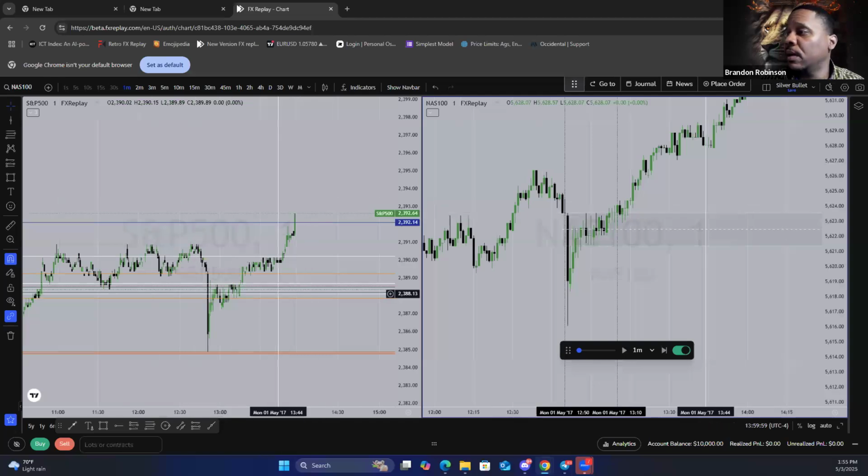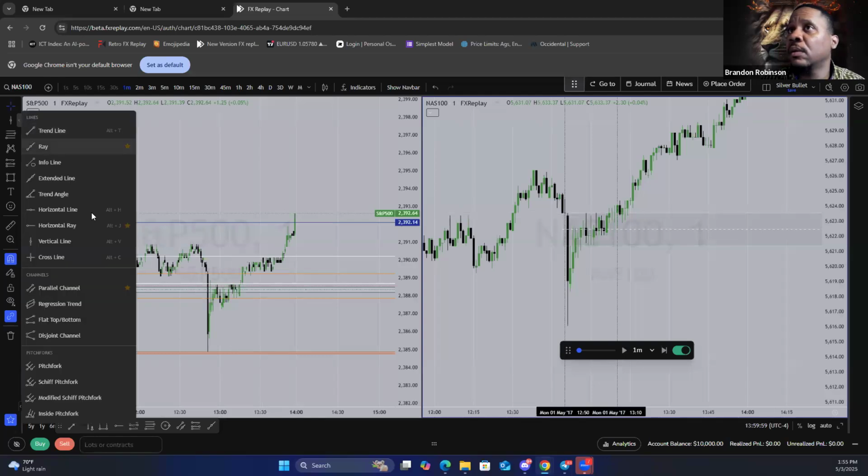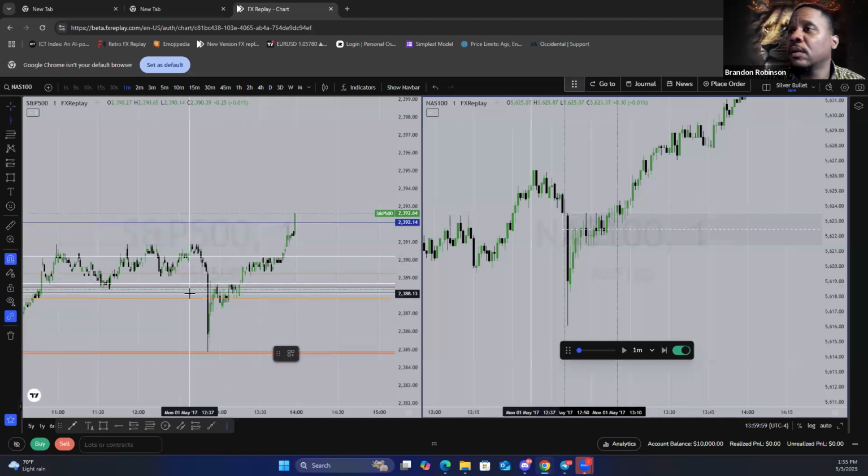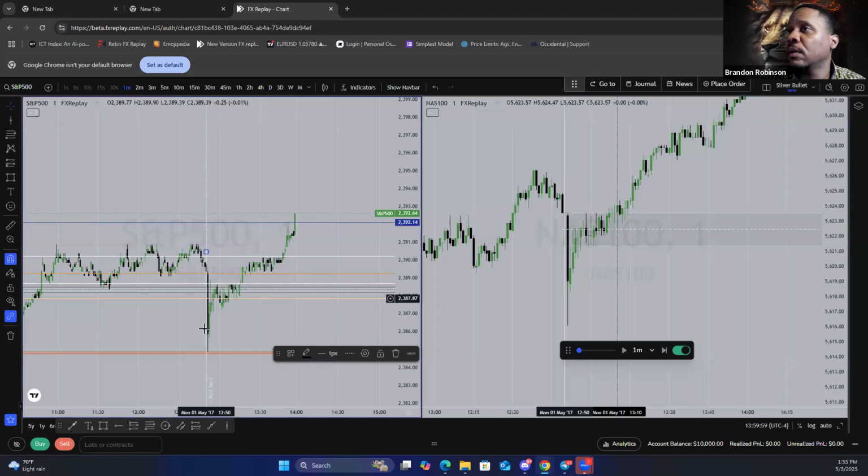we've got this, and I'm going to put the corresponding same fair value gap over on ES. So we've got 12:50, and then we also got the 1:10.